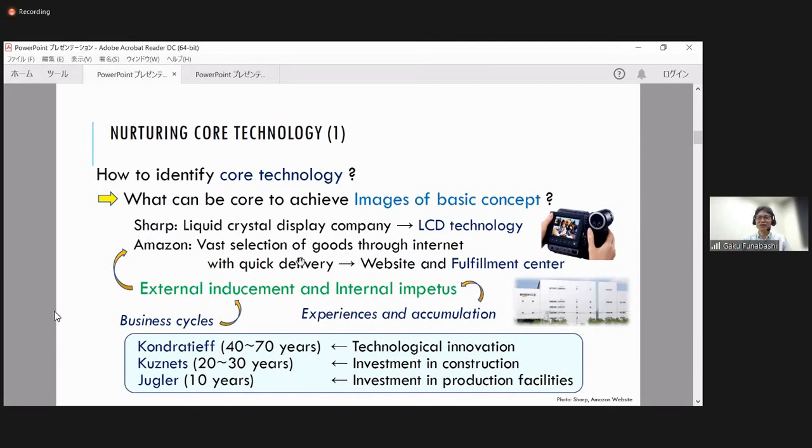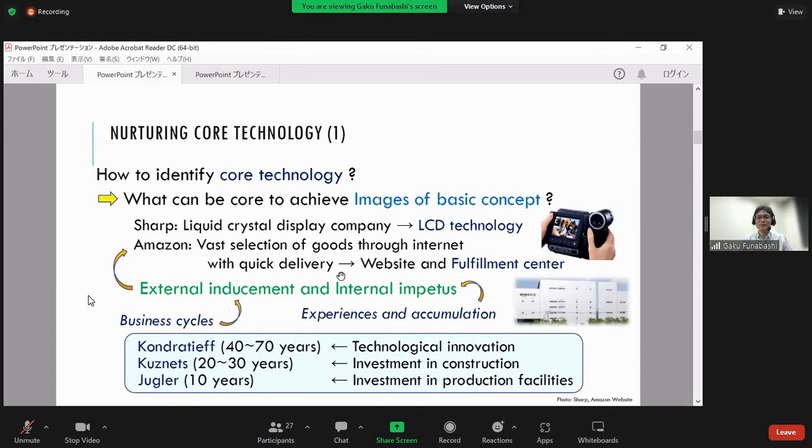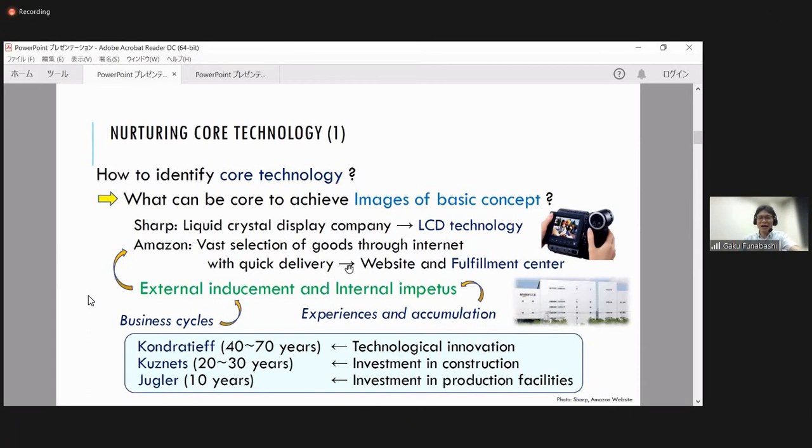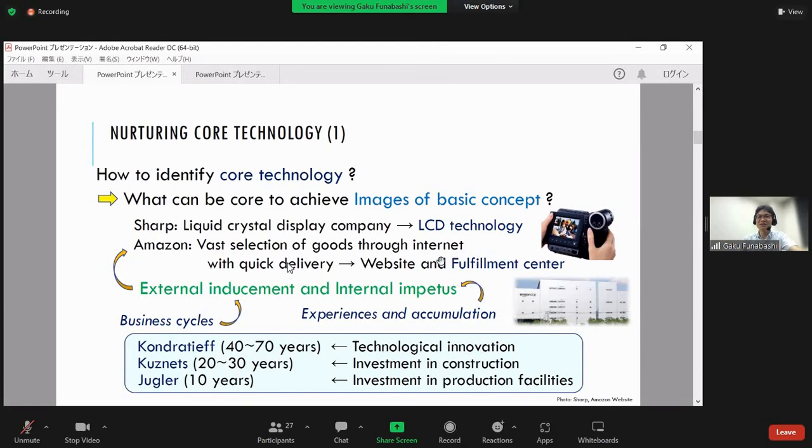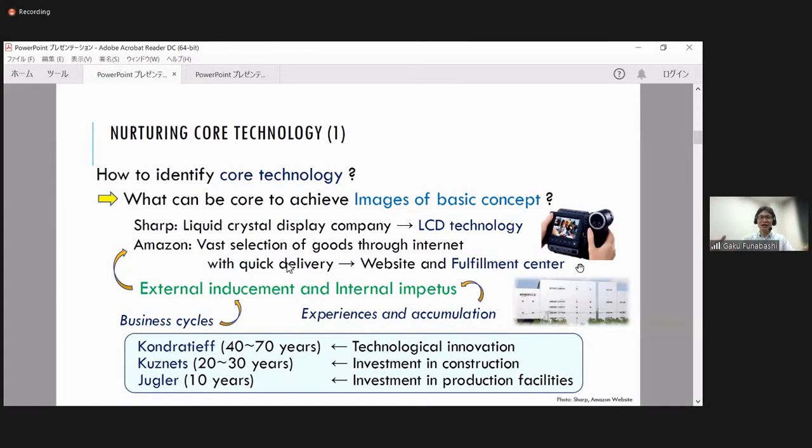Not only vast selection, but with quick delivery. So for realizing this, what Amazon established was first their website, of course, and also fulfillment center. Fulfillment center is a distribution center. Now, in each country they enter, they always establish big distribution center. That is a difference between Amazon and ordinary e-commerce company.